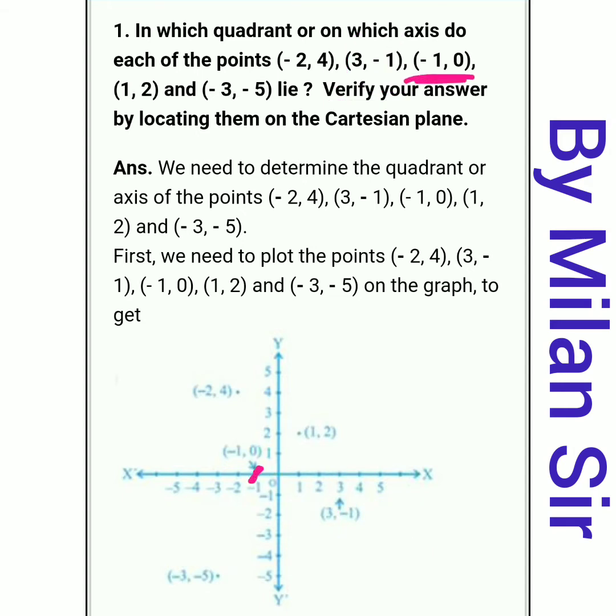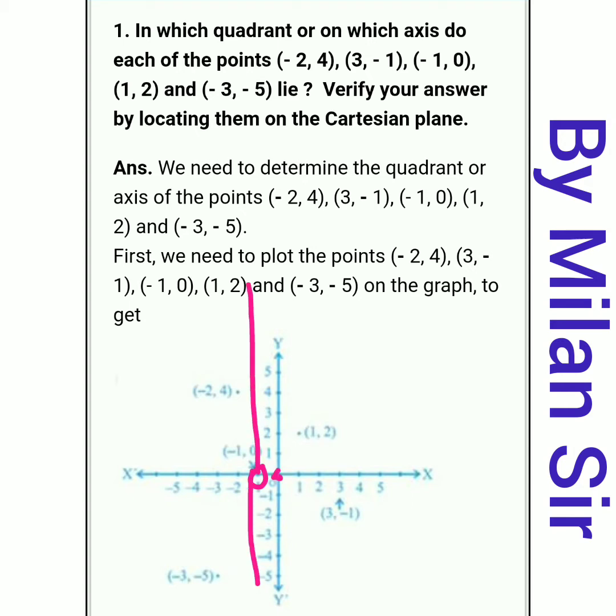Locate -1 on the x-axis and 0 on the y-axis. If we draw vertical and horizontal lines from these two points, we get this line. From the x-axis we need to draw a vertical line.